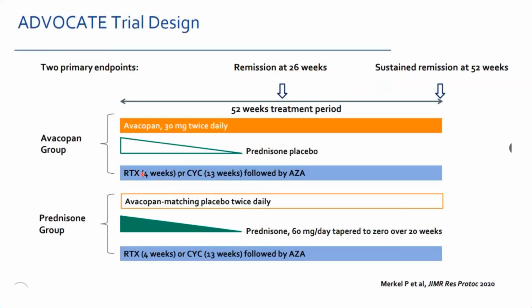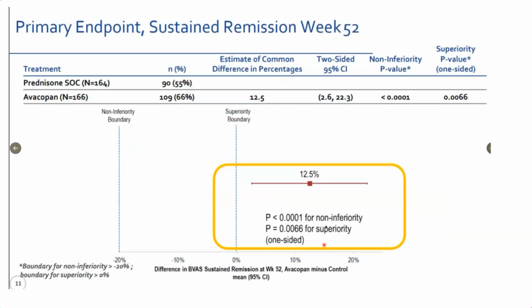In this protocol, either rituximab or cyclophosphamide was used for ANCA vasculitis, and the comparator was Avacopan, the C5a inhibitor, oral 30 milligrams, or a matching placebo. And if you can see, not only was there non-inferiority at 6 months, but there was also superiority of Avacopan over corticosteroids.